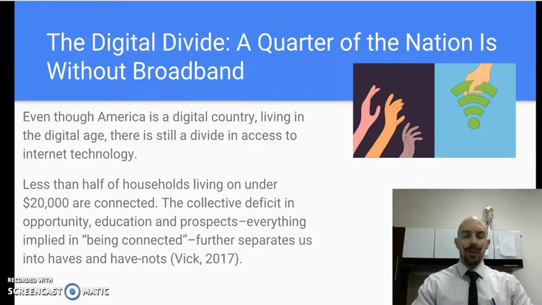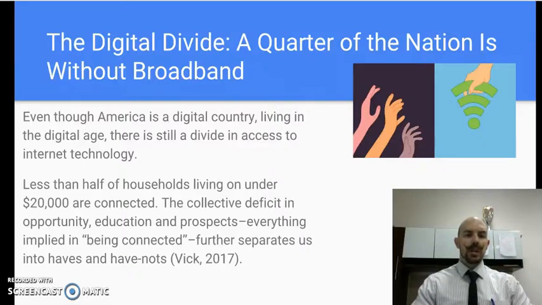The digital divide is a really big issue and a really contentious issue. Even though America is considered a very digital country, there are still many schools, many areas, and many groups of people that are living with low internet and low digital functioning.